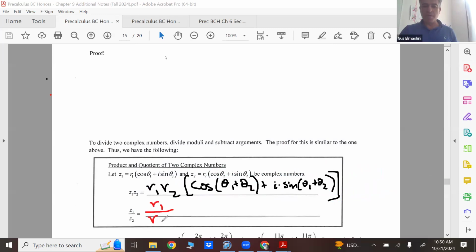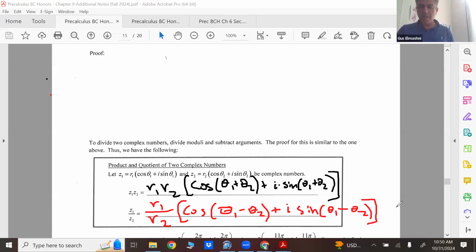You do R1 over R2, and then cosine of theta 1 minus theta 2, plus i sine of theta 1 minus theta 2, when it's Z1 over Z2. And the assumption is that Z2 does not equal 0.